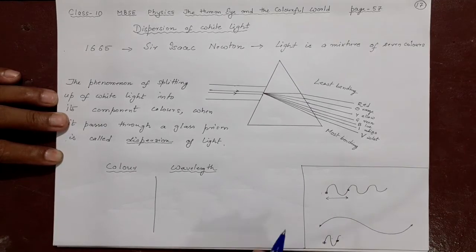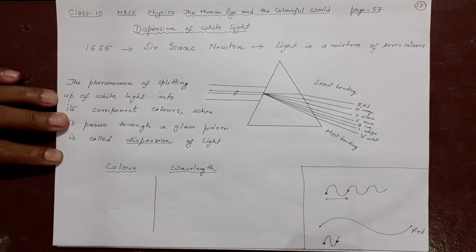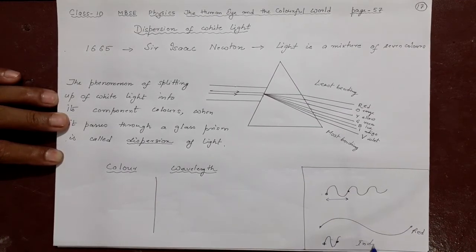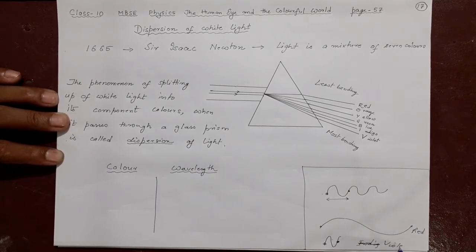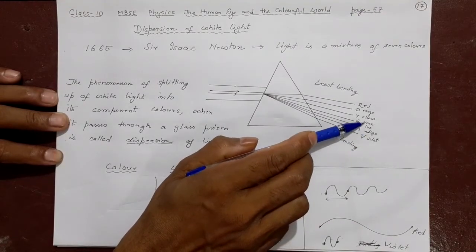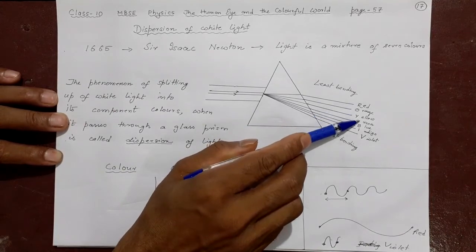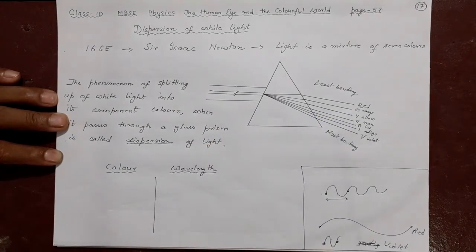For red, the wavelength is high. For indigo and violet, it is less. So that is the difference between them.